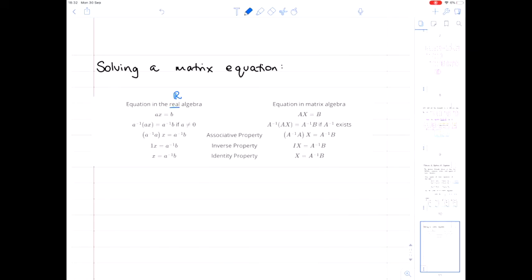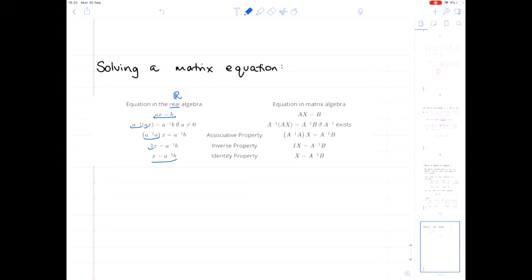The way we solve in real algebra, if you're trying to solve for x, is you multiply on the left by the inverse of the coefficient of x. And what you're really using in the next step is the associative property of real numbers, which gives you A inverse times A, which gives you 1, and that's how you solve it.